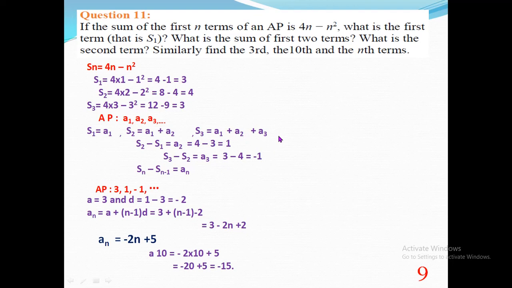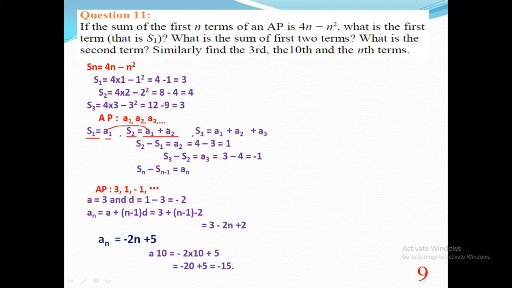Therefore, if I subtract S1 from S2, that means from the sum of A1 and A2, I am subtracting A1. Then don't I get A2? A1 is cancelled here, A2 is left.